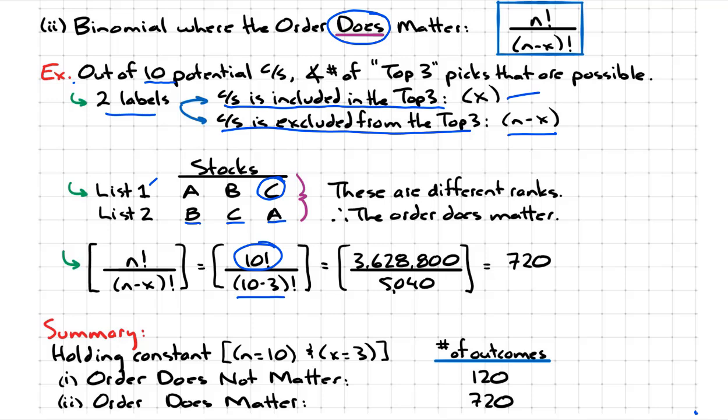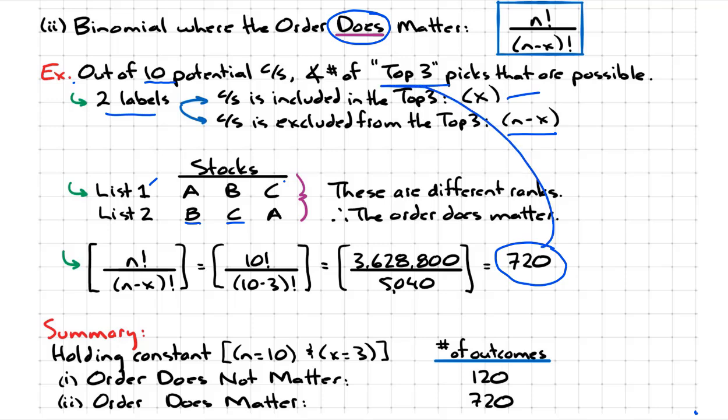So 10 minus 3 factorial, and therefore you would get 720. So to answer the question head on, there are 720 ways in which we can rank top 3 stocks out of a universe of 10 stocks.